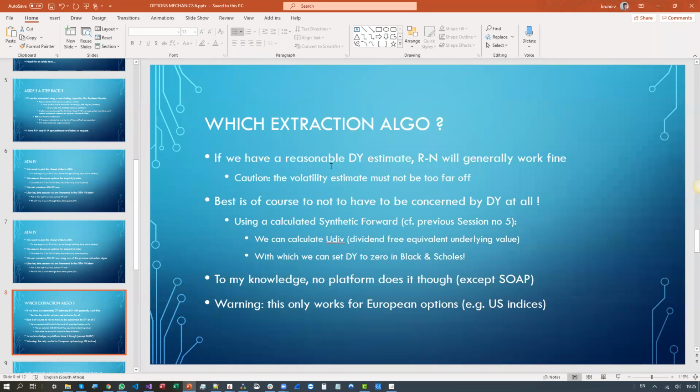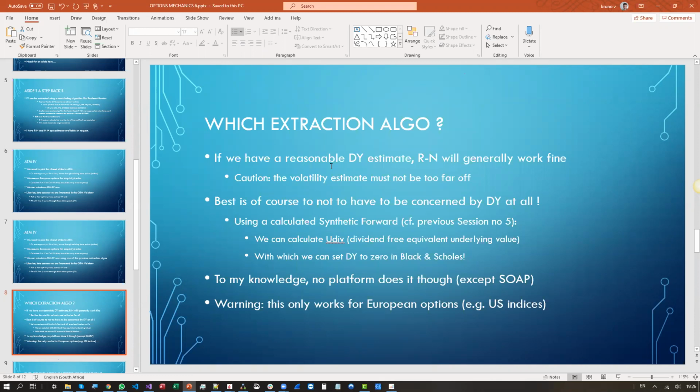Now I'm referring to the previous session where I briefly introduced the synthetic forward, because what is probably easier is, and Ari actually directed me to that, and I shouldn't give all the credit to Steve Spear for that, although I could have thought of it, but I didn't.